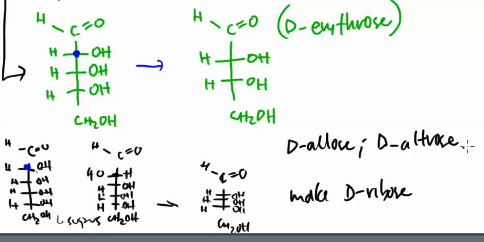So that's all of the complications that we are going to see with the Wohl degradation or the Kiliani-Fischer. We're not going to throw in monkey wrenches. We're not going to throw in strange and weird things for you, again, either on the quizzes or the test. The homework might be a little bit more involved, but once again, like we've said over and over and over, you've got the book, you've got the notes, you've got the videos in front of you to answer these questions with.